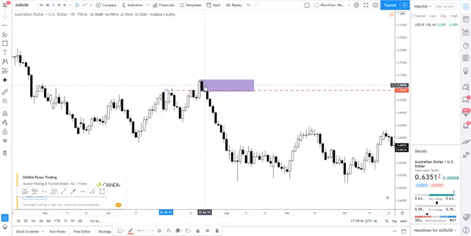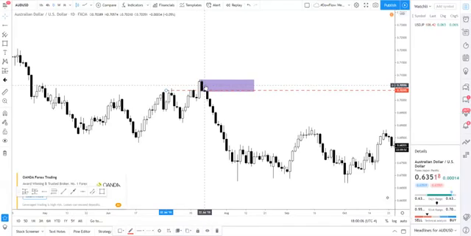Because for institutional players to make money, you have to lose money. You have to understand that the forex market, or any market, be it the stock market, the commodities, or the index, it's all a zero sum game. So what do I mean by zero sum game? What I mean is that for you to make money, someone else must lose money, right?